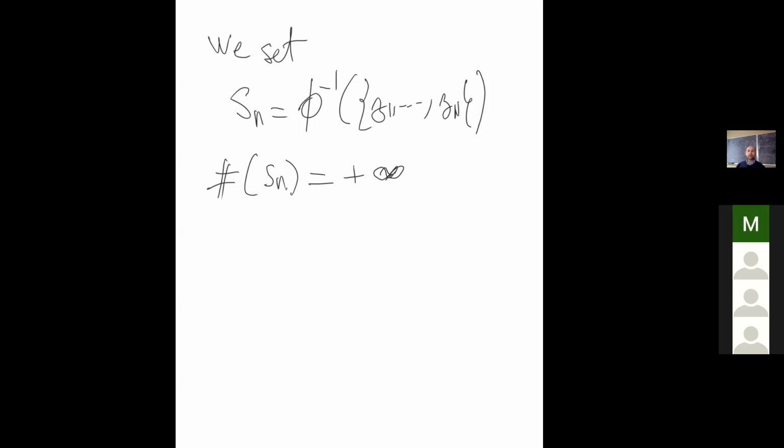And so by construction, all right, now I can construct my subsequence. I could just use the diagonal extraction process, but let's formulate it in a slightly different way.